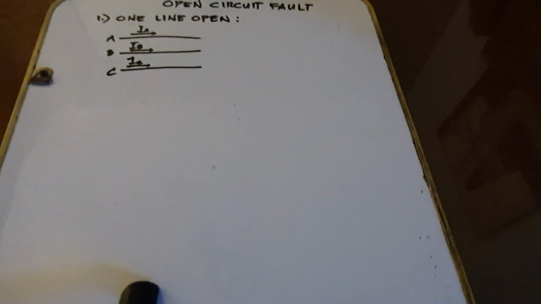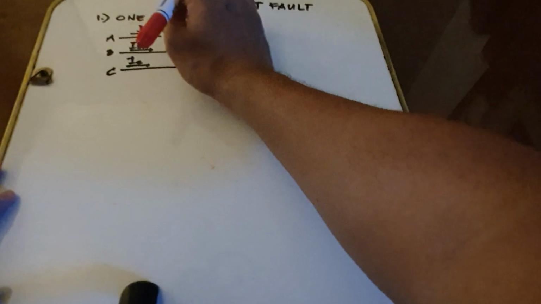Now let's assume that one line is open, assuming that phase A is open.